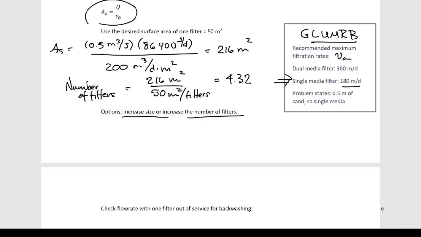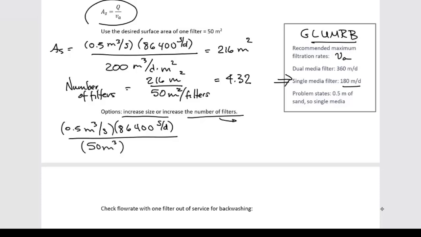We're already at the maximum, so round down would be a problem. So we can look at using 6. If we use 6 filters and keep our filter size at 50 square meters, that gives me an approach velocity of 144 meters per day.